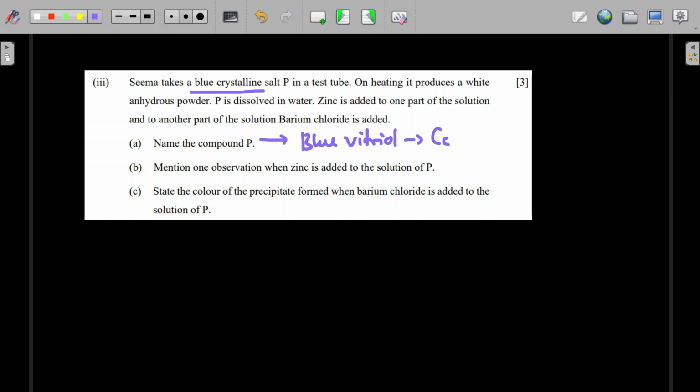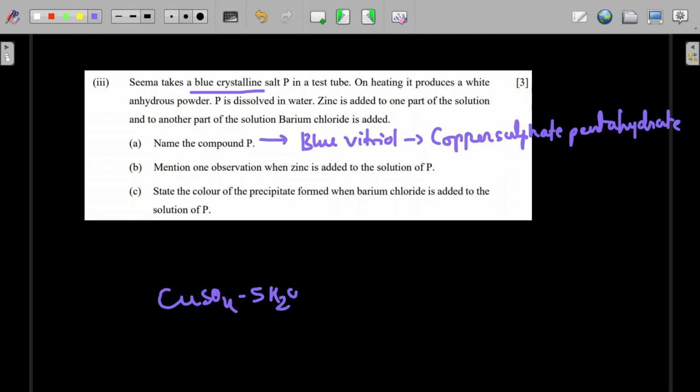And you can also write copper sulfate pentahydrate. To be specific, 5 means penta, so pentahydrate. This one we know. So when you take copper sulfate pentahydrate and expose it to the atmosphere, or heat it, or add concentrated sulfuric acid, also a dehydrating agent, you will get copper sulfate plus 5H2O.